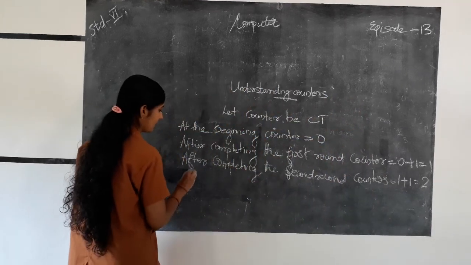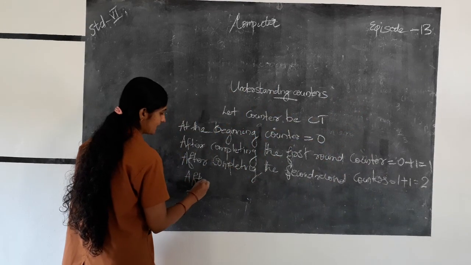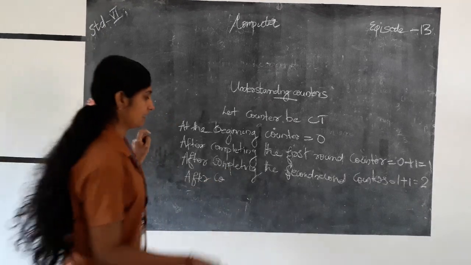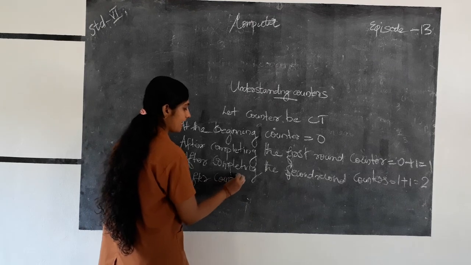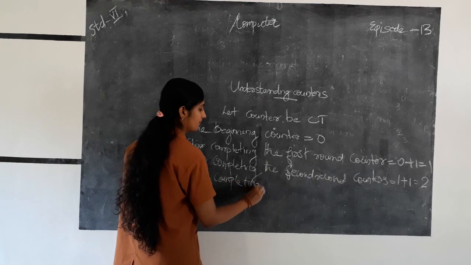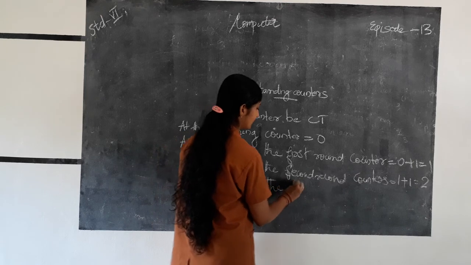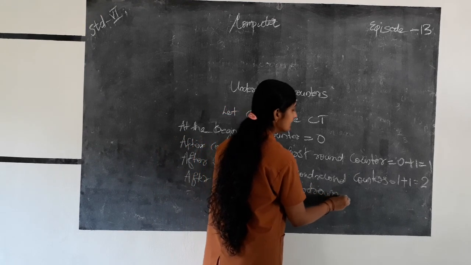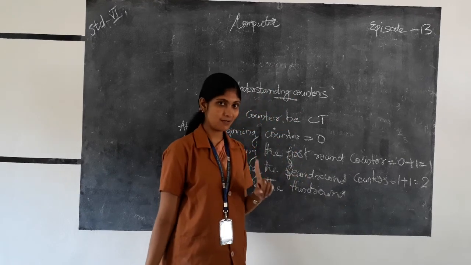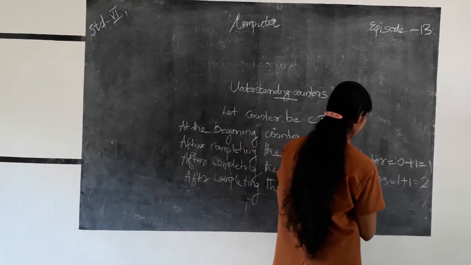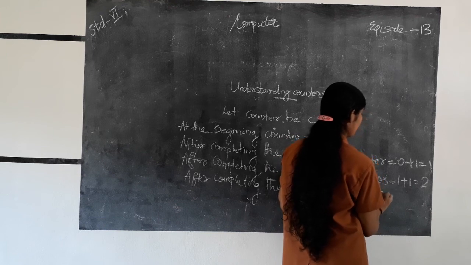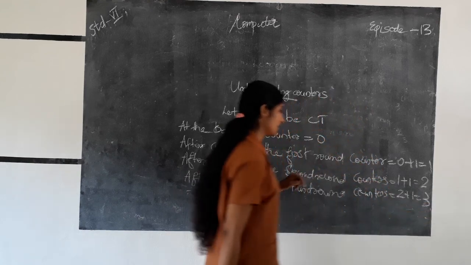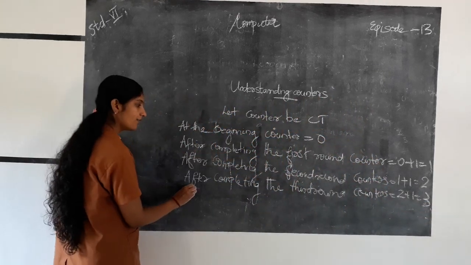Then next step, after completing the third round, the counter value is incremented by 1. So the counter is equal to 2 plus 1, finally 3. Then the fourth round.